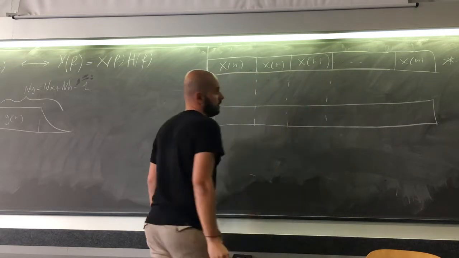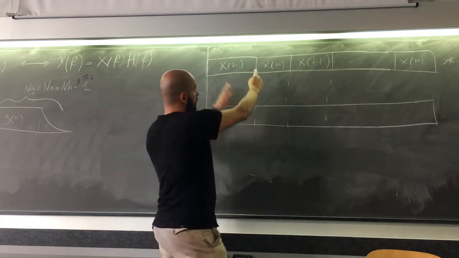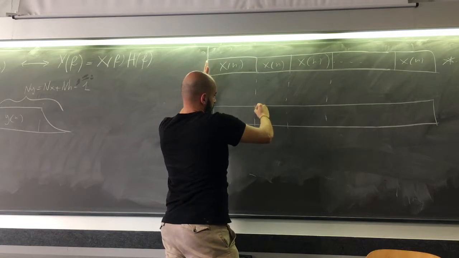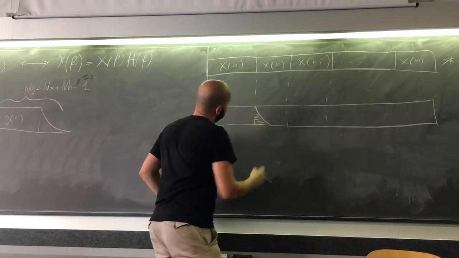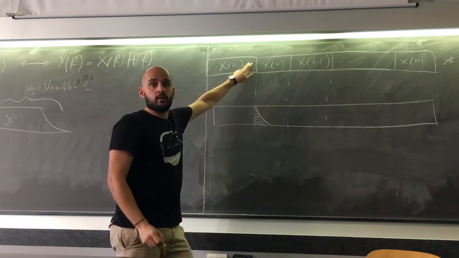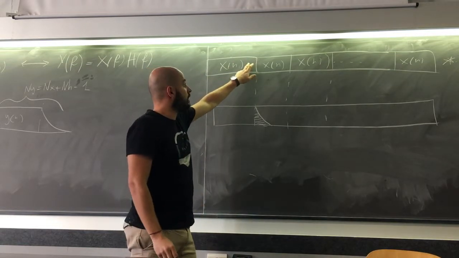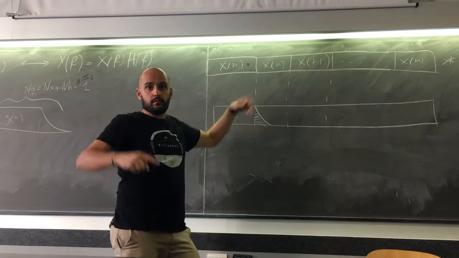And what you get now is this, but part of the convolution of this signal is overlapping with the second one. That's why it's cyclic.